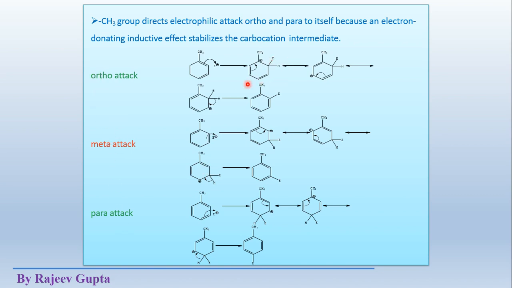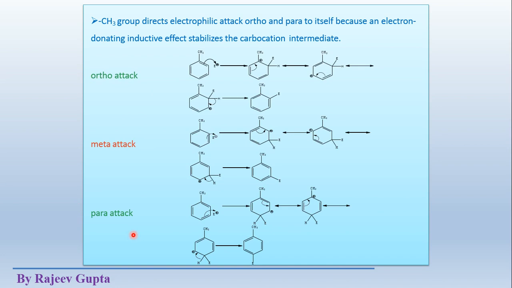So the intermediates forming by ortho attack and para attack are more stable compared to meta attack. So these two reactions are thermodynamically more favorable in the case of ortho and para attack.